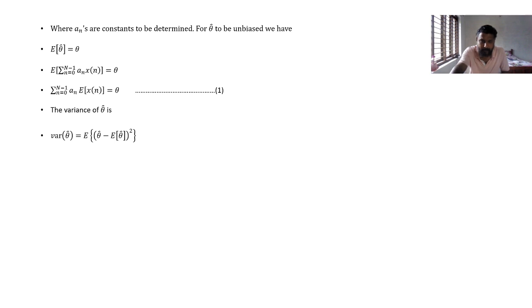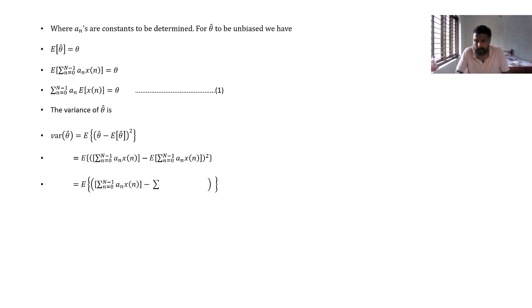I can rewrite it as the expectation of sigma n equal to 0 to n minus 1 a_n x of n minus sigma n equal to 0 to n minus 1 a_n expectation of x of n, the whole square.